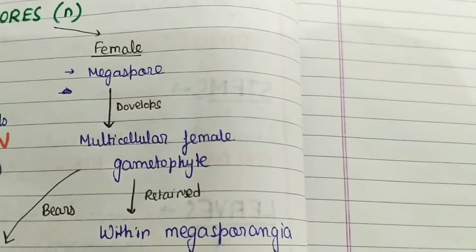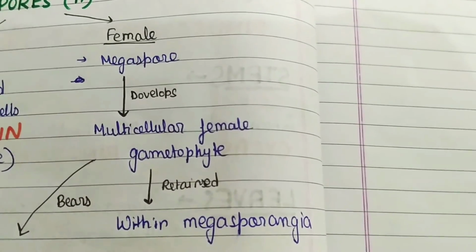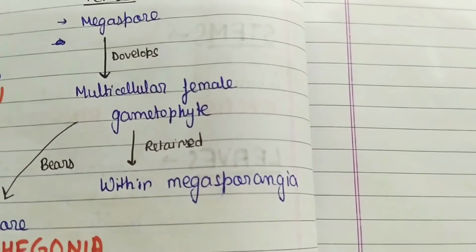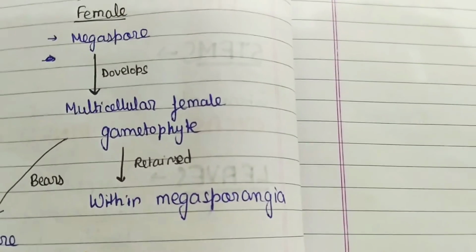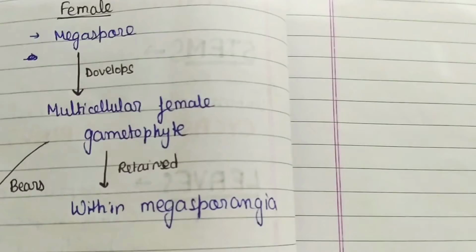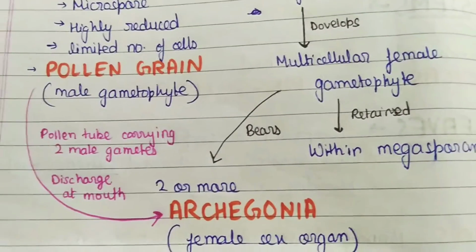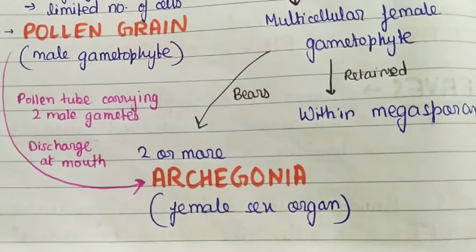Coming to the female spore, it is called the megaspore. This megaspore develops into a multicellular female gametophyte, which is retained within the megasporangium. So the female gametophyte does not leave where it lives. Now this female gametophyte bears two or more archegonia, and archegonia are the female sex organs.